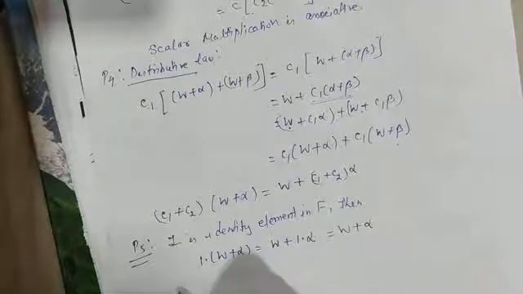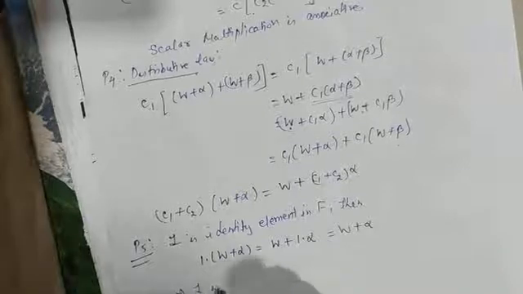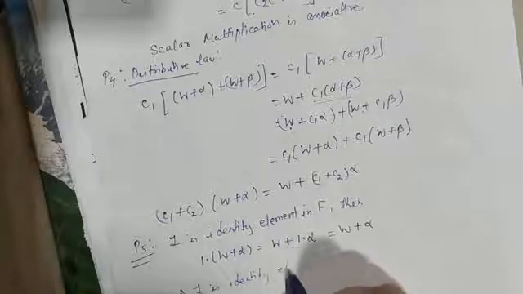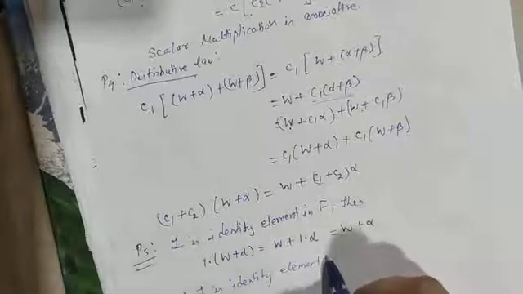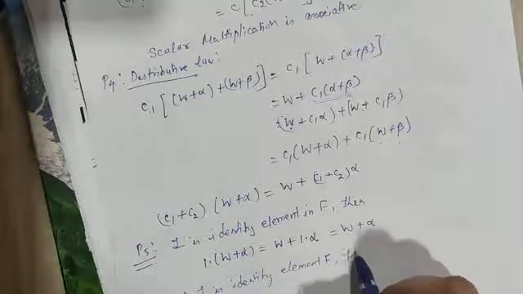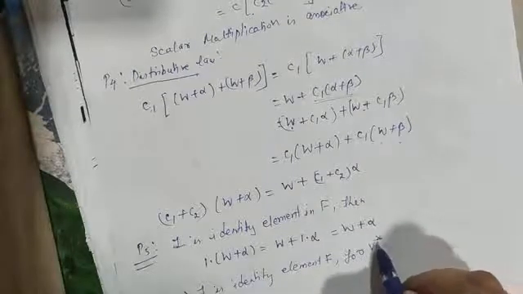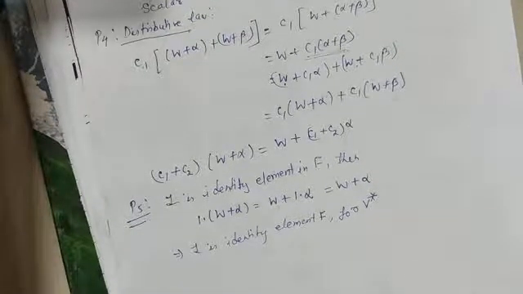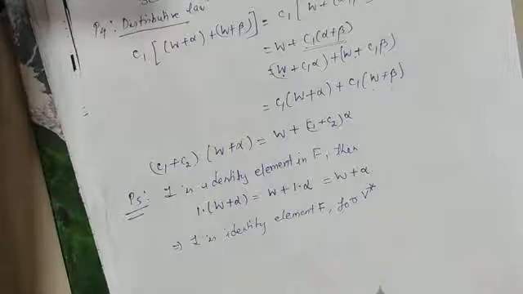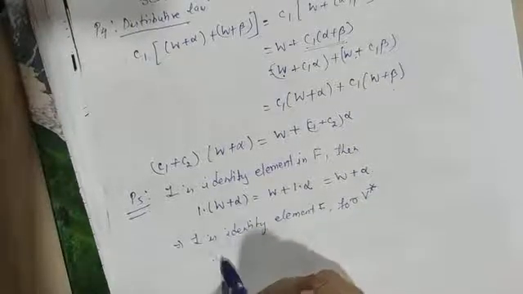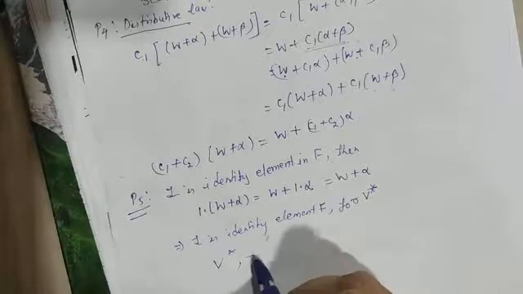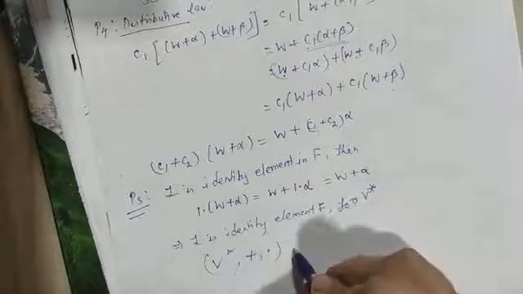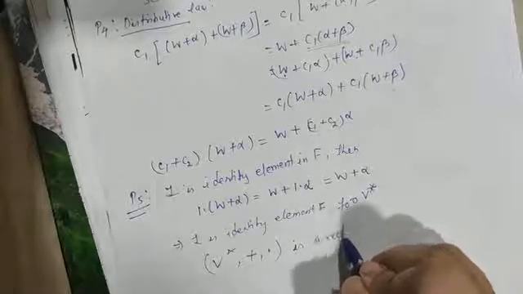So in this case 1 is also identity element in F for V star. So all the properties of vector space hold here. So we can say V star defined above, with respect to defined addition and multiplication, is a vector space.